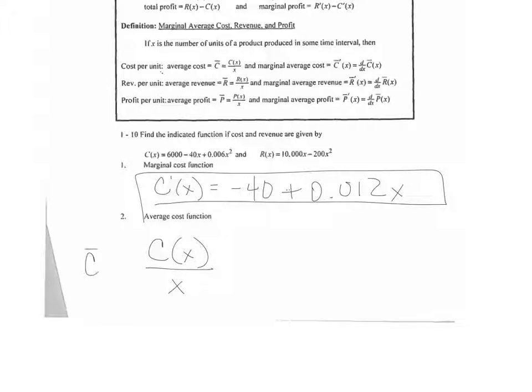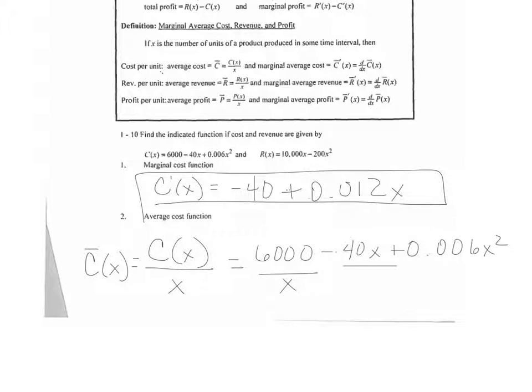That is my C bar of x. No derivative involved here. This is just taking my cost function and dividing it by x. And my recommendation is I would do this term by term. Go ahead and write your cost function, but then divide each individual term by x, and we'll clean this thing up one piece at a time.